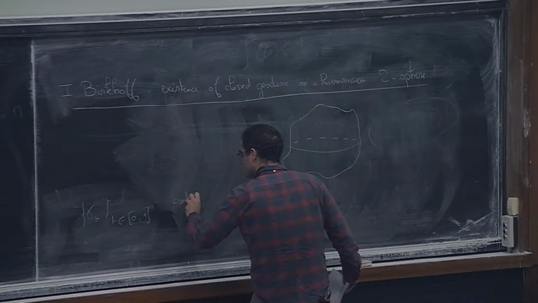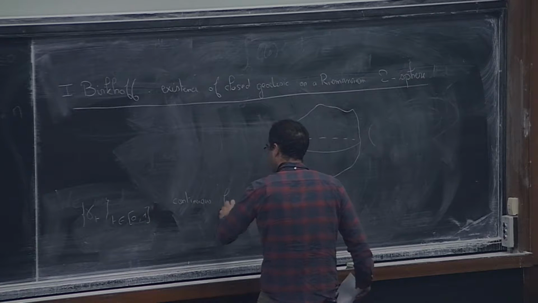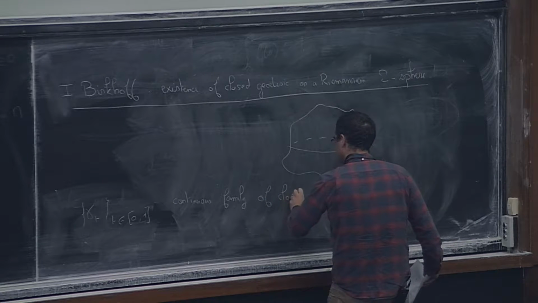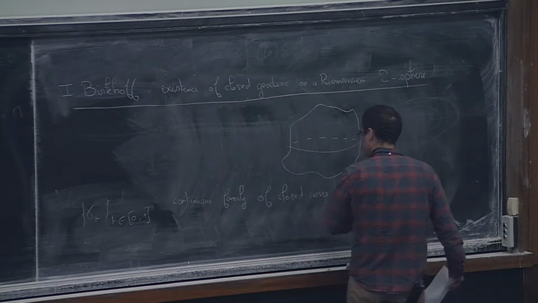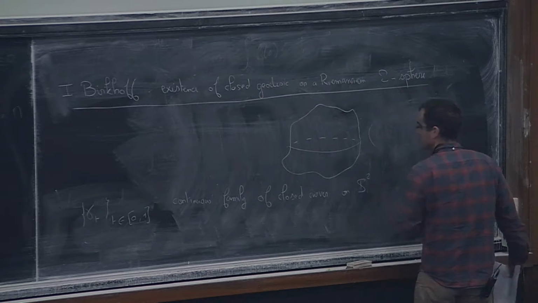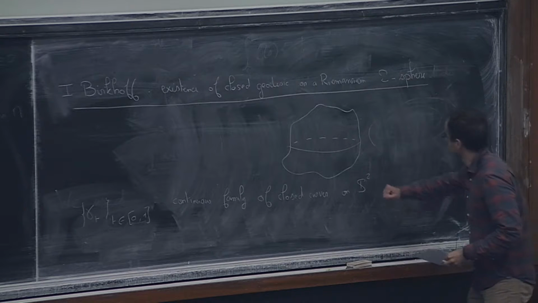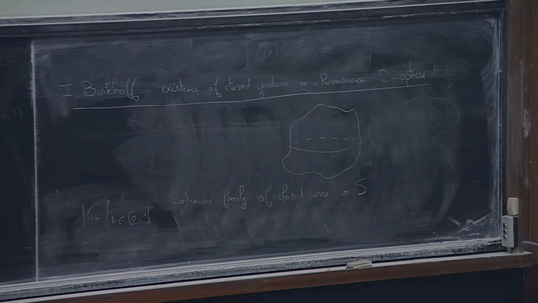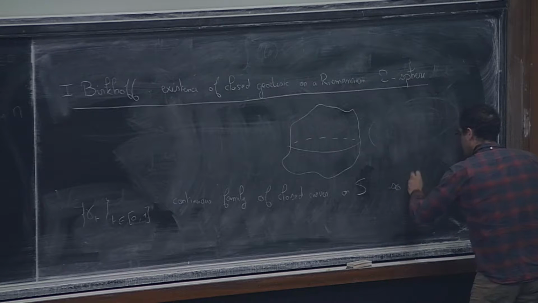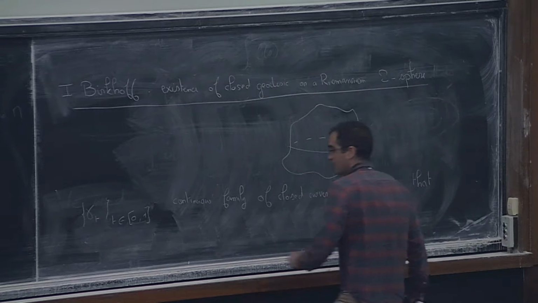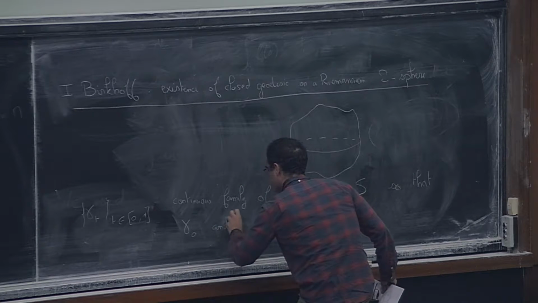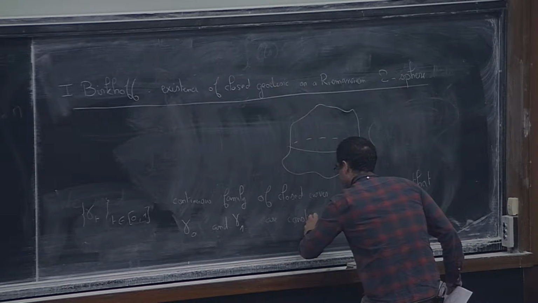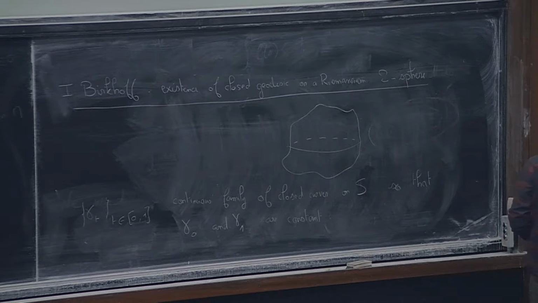It's a continuous family of closed curves on S2, so on this sphere, and such that gamma naught and gamma 1 are just one point, are constant. Okay, so the picture is the following, in fact.